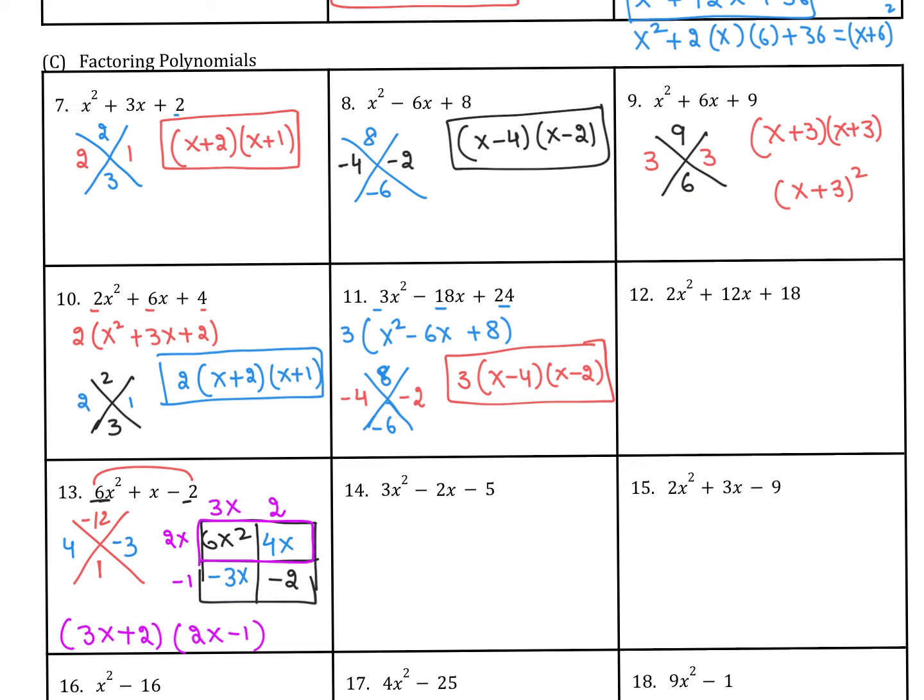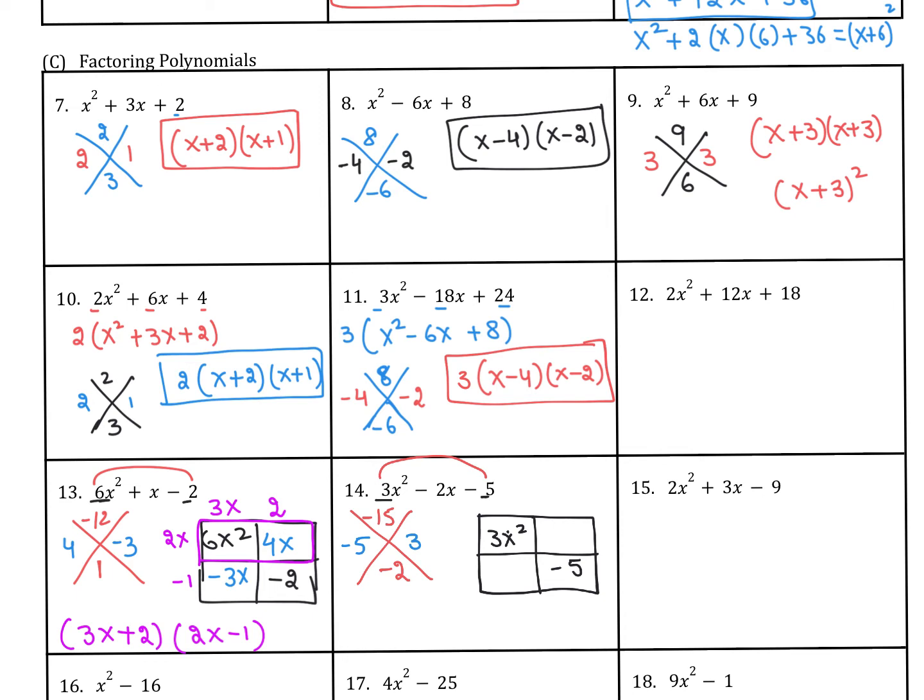box method. So for number 14, on the top of the cross is -15, which is 3 times negative 5. On the bottom is negative 2. The two numbers you're looking for are negative 5 and 3. Now you're going to fill the box. To fill the box, the first term goes into the first place. Across that is negative 5.